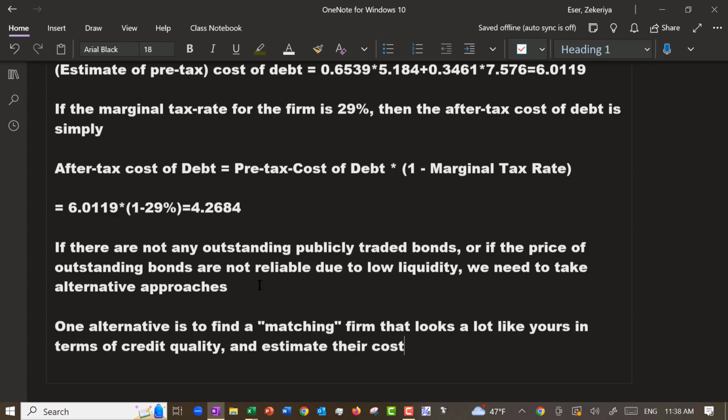pre-tax. You may not have any bonds issued, but maybe there is a competitor of yours that is of similar credit quality and they have bonds. You can estimate your cost of debt thinking, okay, had we issued bonds, market would have priced our bonds pretty much in the same fashion as this firm. So I can go ahead and rely on that firm.